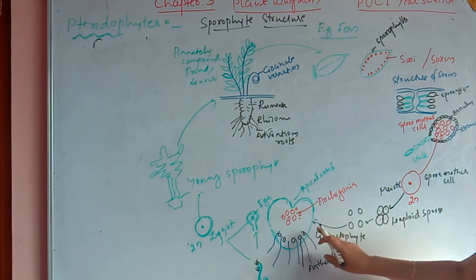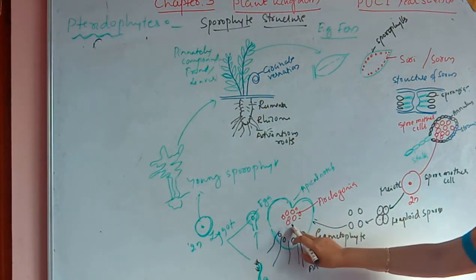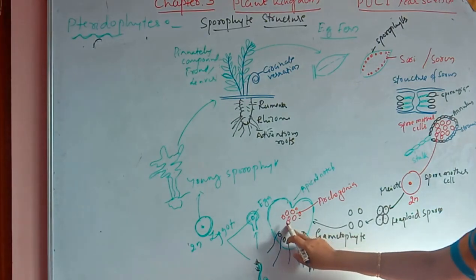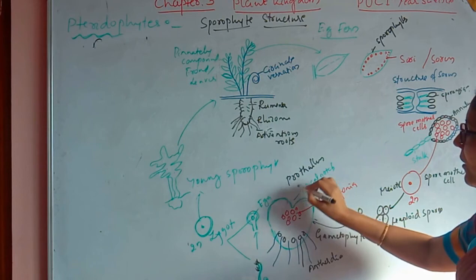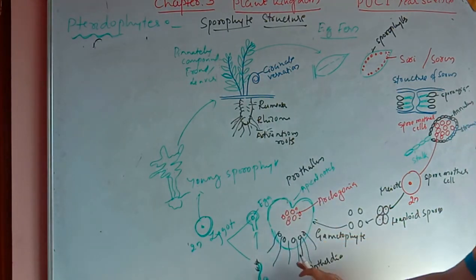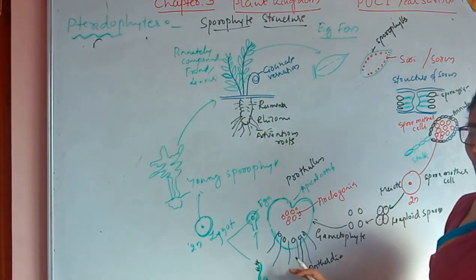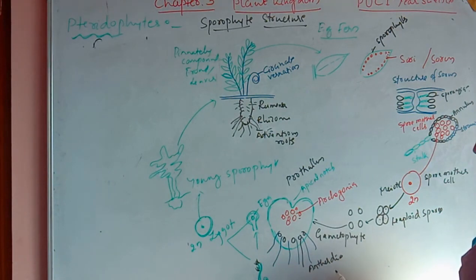These haploid spores, when they germinate, produce the gametophyte. The gametophyte we call a prothallus, which is a thalloid gametophyte that usually grows in damp, cool, shady places.